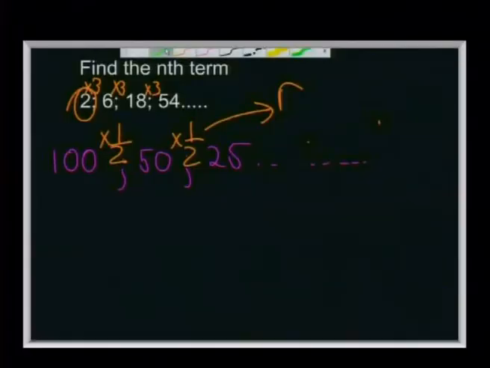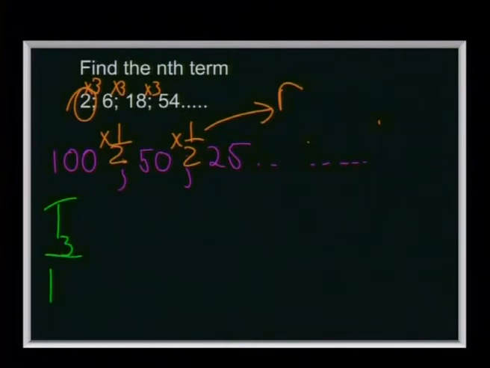Please, guys, remember that. Another way to check what your common ratio is, is to do this little check. The third term over the second term will give you the common ratio, as will the second term over the first. And of course, these need to be equal in order for this to be a geometric number pattern.